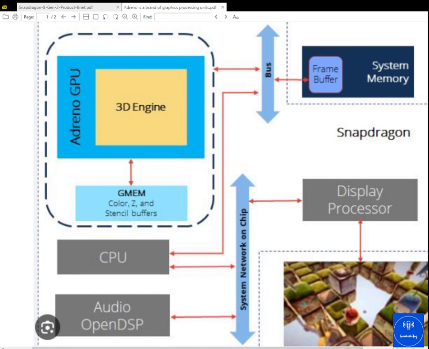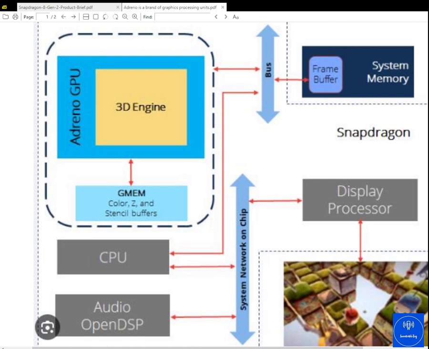Apart from that, in comparison with other GPUs that were there before, it is able to give 50% better performance than the previous one, 40% more power efficient than the previous GPU. It's also faster than the previous one. Now, this GPU is very important.